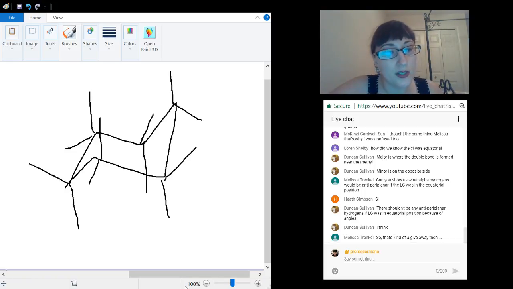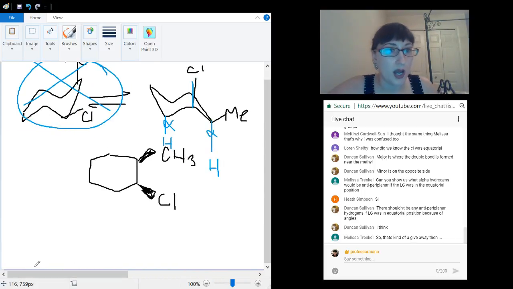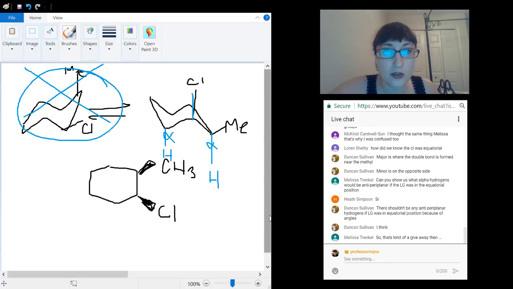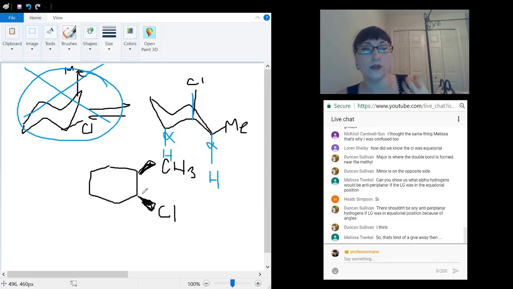So essentially, either of these structures that I drew, the one on the left or the one on the right, both happen. Both pictures have the chlorine pointing up and the methyl pointing up. In one case the chlorine is equatorial and the methyl axial, and in the other the chlorine is axial and the methyl equatorial. They're in equilibrium with each other.